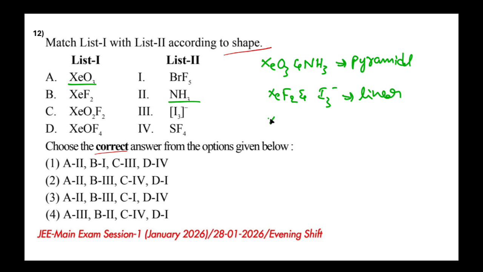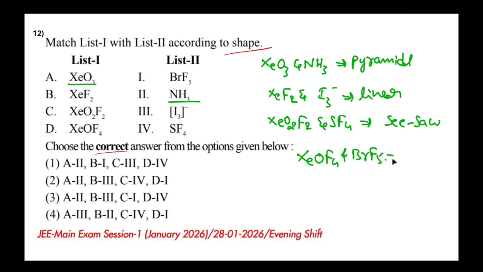XeO2F2 and SF4 are both seesaw arrangement. XeOF4 and BrF5 are both square pyramidal arrangement.